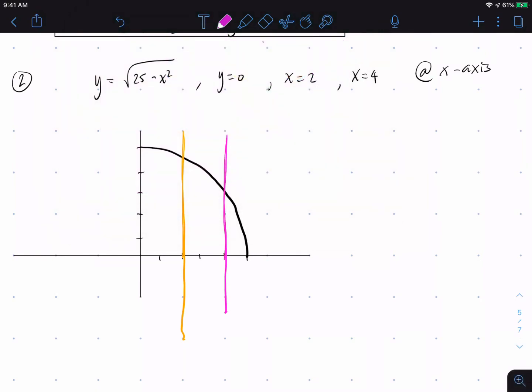And I'll use purple. y equals 0 is a line. So we have this line right here. Right? So the region that's bounded is this one right there. Do you guys agree?